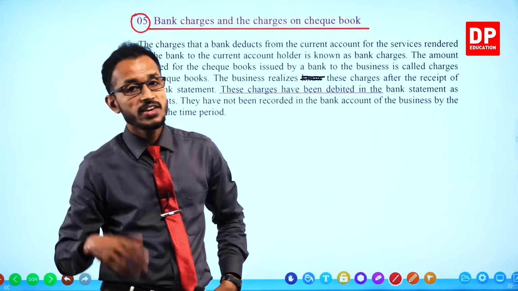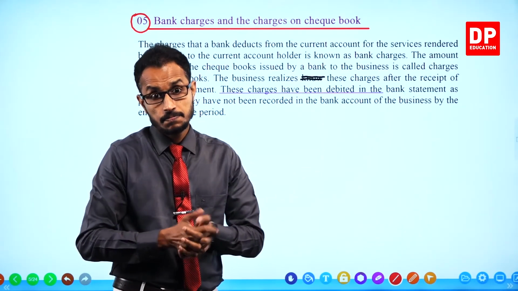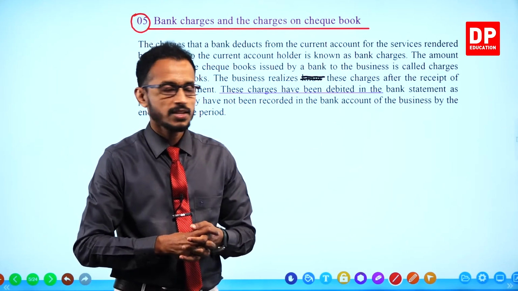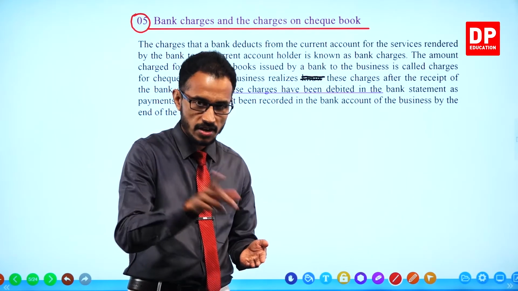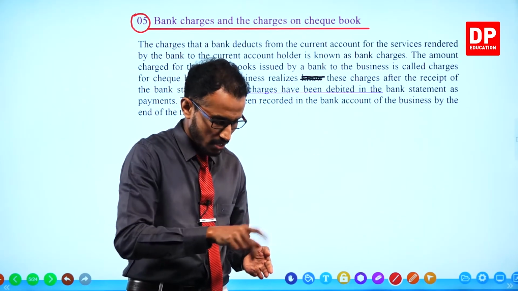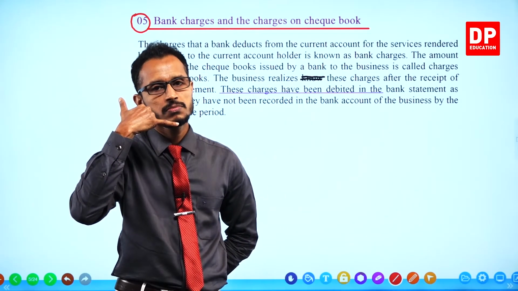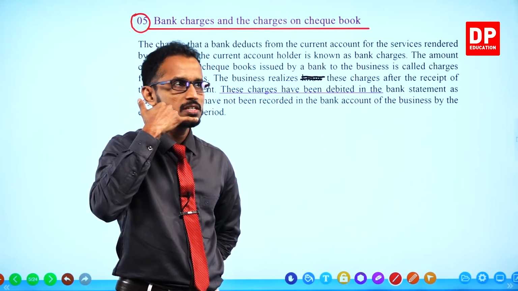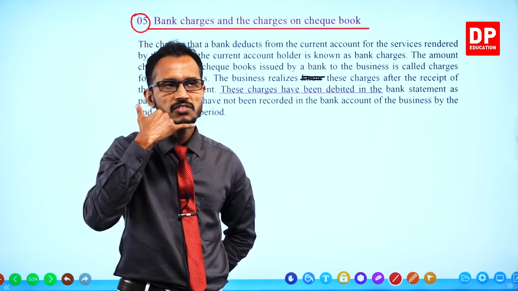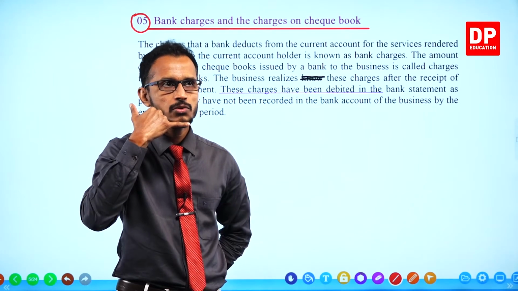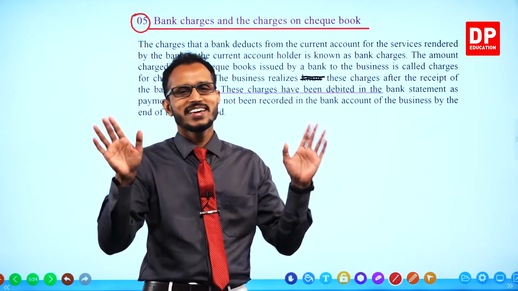The bank does not inform us. Every time they deduct something, they don't call the business, like, is this Mr. Ranasinghe? We are from the bank. We are deducting 400 for the checkbook that we issued. All right, Mr. Ranasinghe, I hope you don't mind. No, they don't do that.